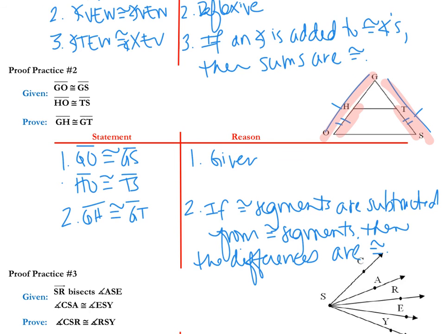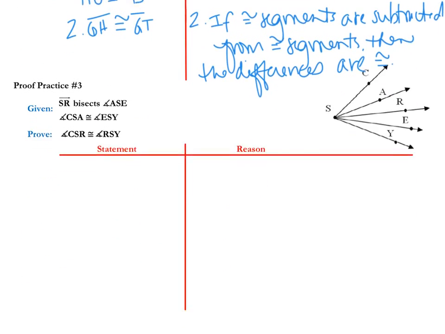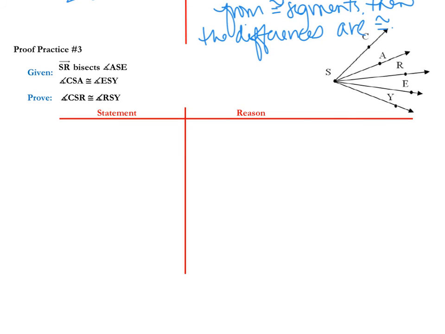Okay. Last proof. So we are given that ray SR bisects angle ASE. Anything that's given we can mark. So SR bisects ASE.